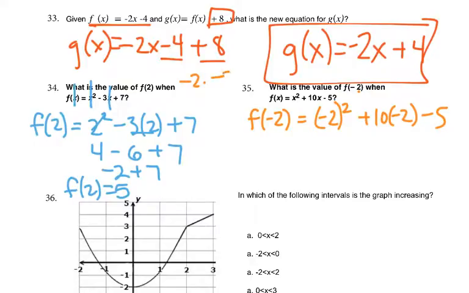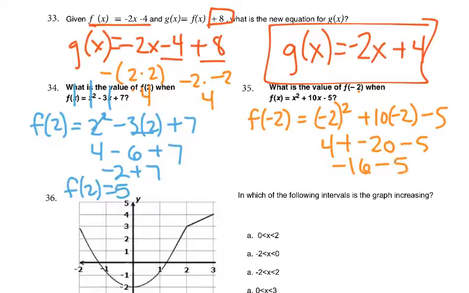And negative 2 times negative 2 is a positive 4, whereas if we went negative and then 2 times 2, that would keep it negative. Throw off your whole answer. So that's positive 4 plus a negative 20 minus 5. 4 plus a negative 20, that's like 4 minus 20. Negative 16 minus 5 is negative 21. So f of negative 2 equals negative 21.